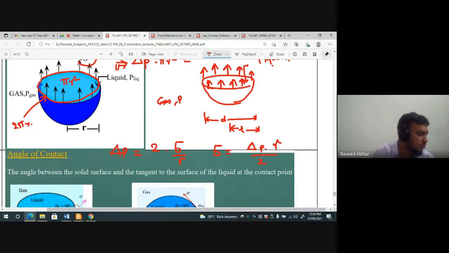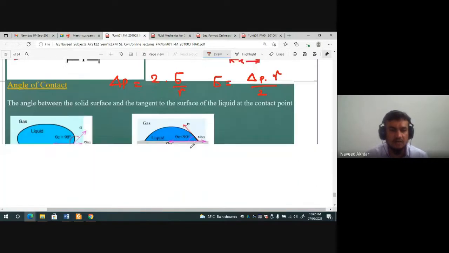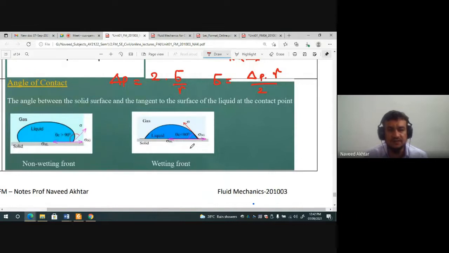Okay, now the angle of contact between the solid surface and the tangent to the surface of the liquid at the contact point. So here there are two conditions: whether your surface will be wet or not wet.